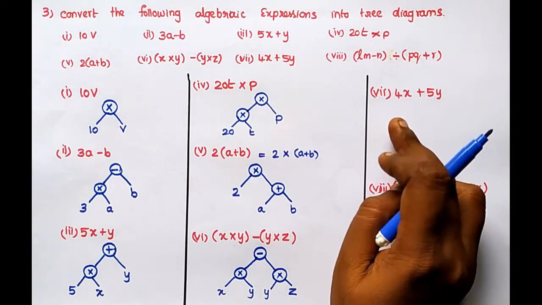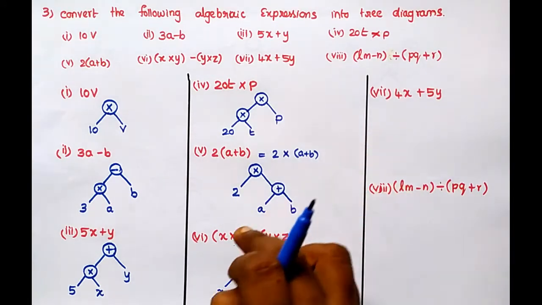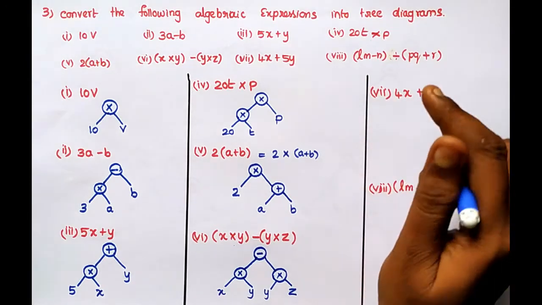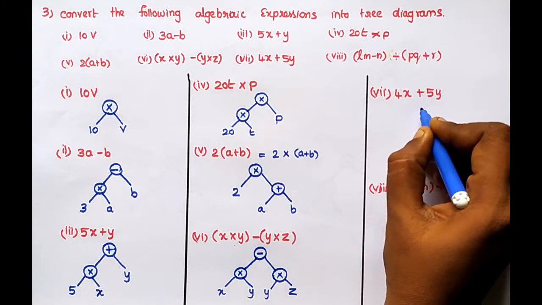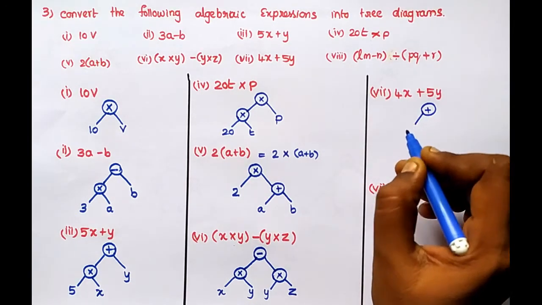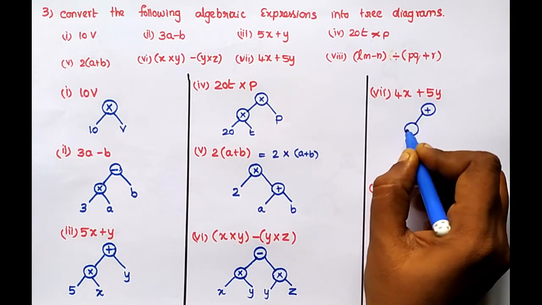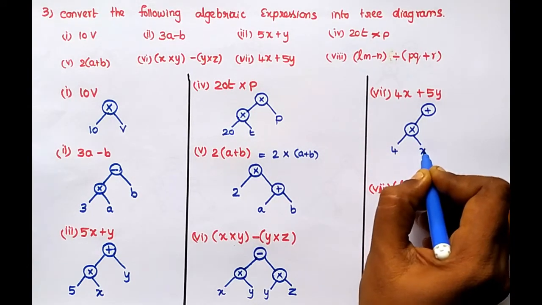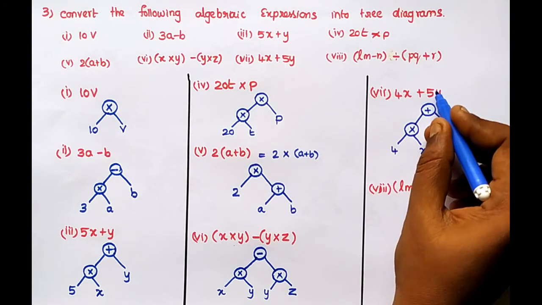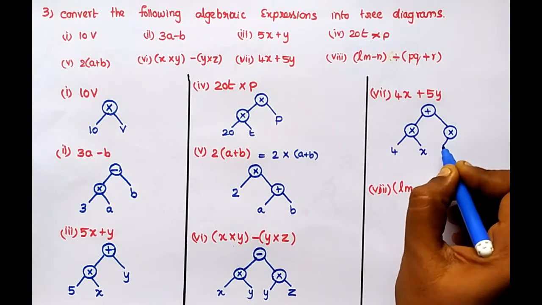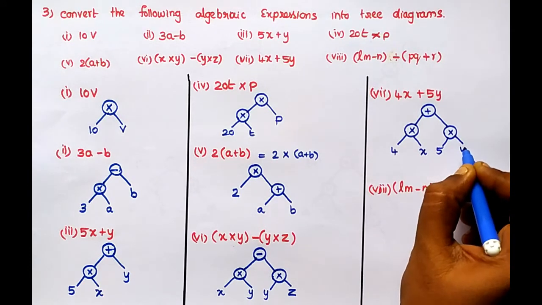Listen, same thing, but here they given into directly. Here that is understood. So plus which one? 4 into x. So again we put into 4 and x. Here 5y, 5 into y. Right? So 5 into y.